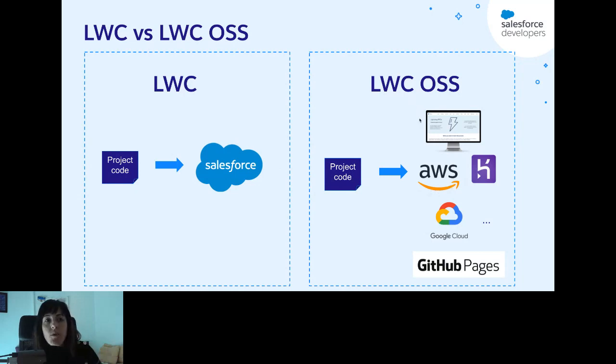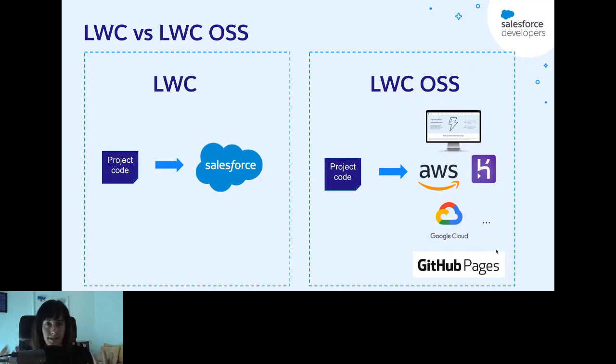For instance, you can create a Lightning Web Components OSS app and deploy it to Amazon Web Services, Heroku, Google Cloud, GitHub Pages, wherever. A place in which you are going to be serving those files, but that is not tightly related to the Salesforce platform.